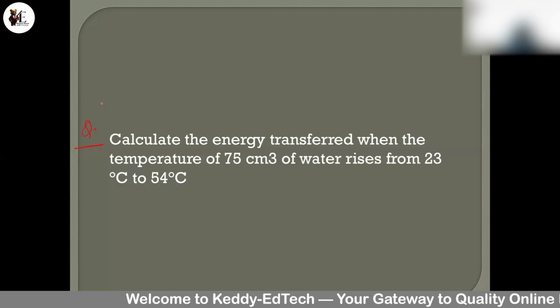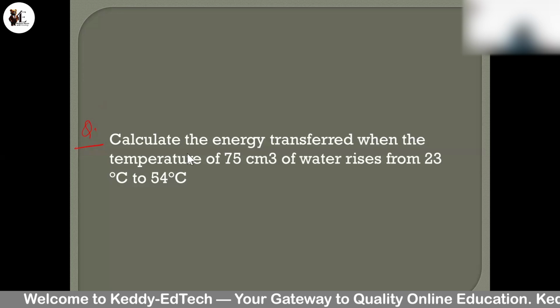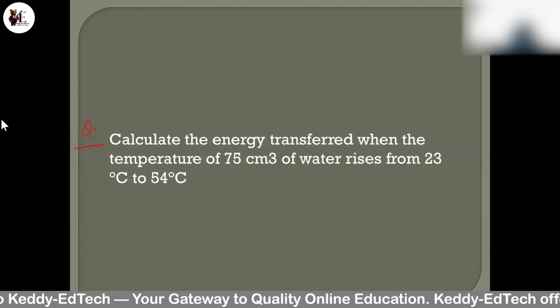This 75 centimeter cube is the volume, so you have to calculate the value of mass. Density of water is 1 gram per centimeter cube.